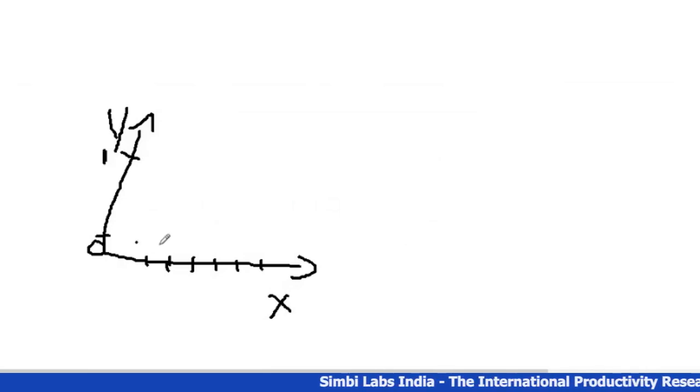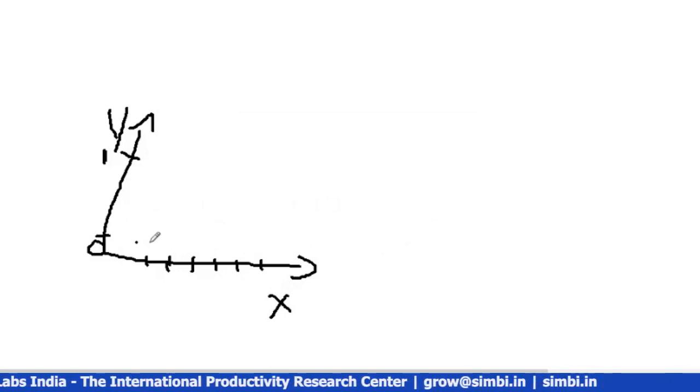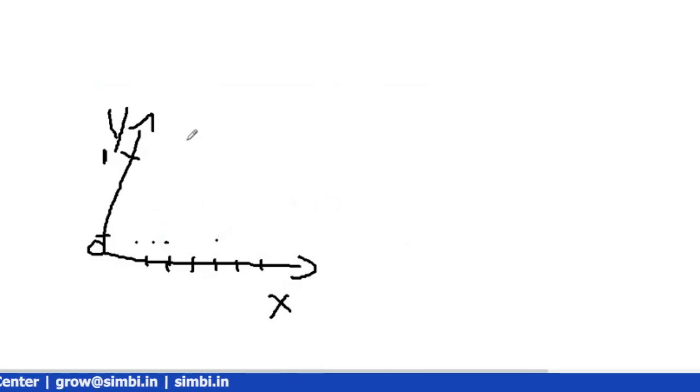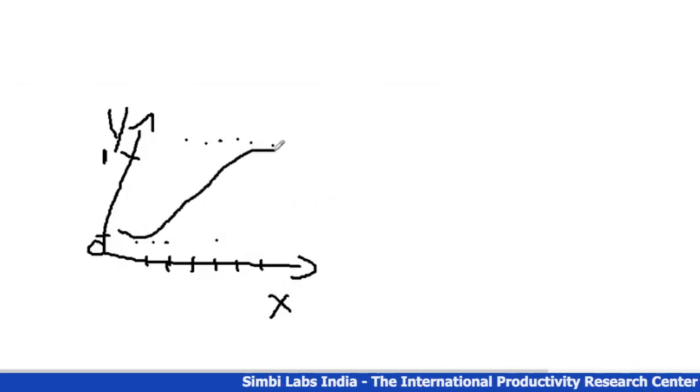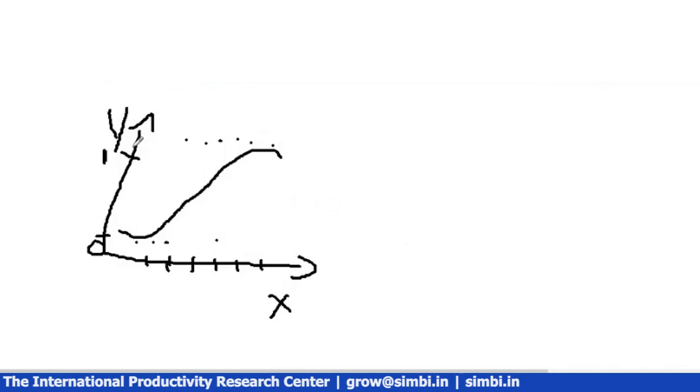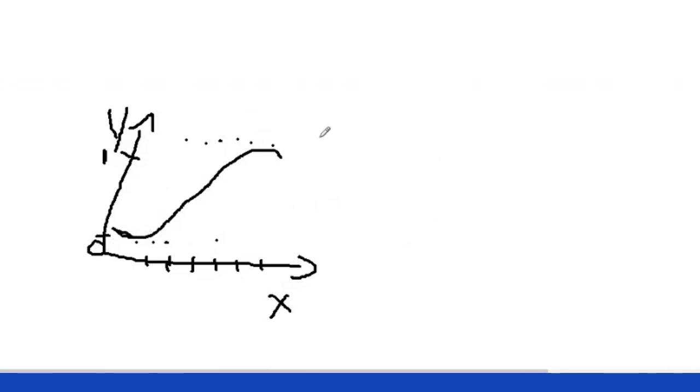Here we can see the points of the hours worked. According to the data, the shape will go like this. When there is 0 salary and when the salary is increased as hours are increased, we can see the shape goes from 0 to 1.